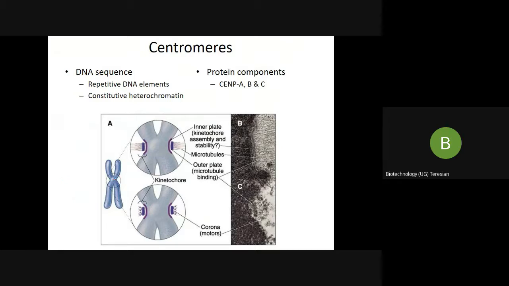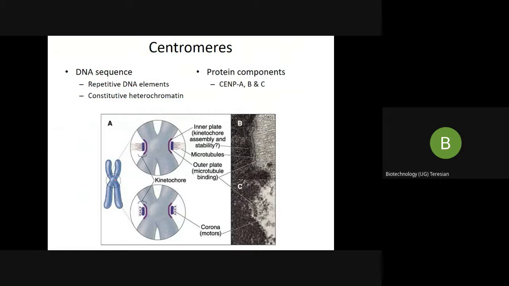The centromere plays a critical role in ensuring the correct distribution of the sister chromatids to the daughter cells during mitosis. This is the main function. As I said earlier, if the centromere is damaged, the sister chromatids cannot move apart during the anaphase.